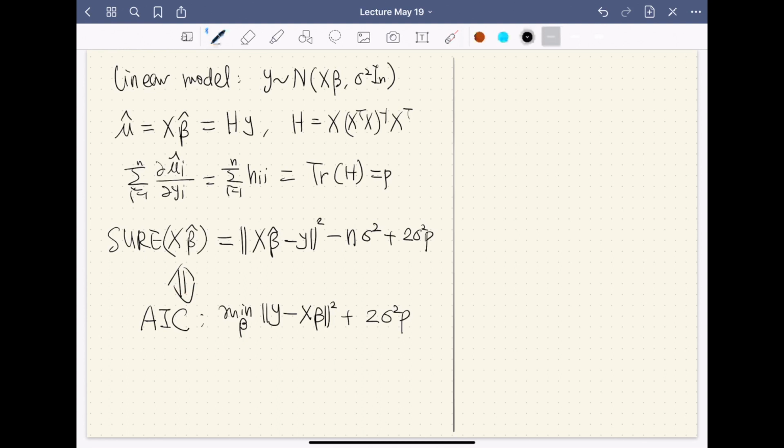Now, the reason this is called AIC is because people believe A stands for Akaike. This is the Japanese statistician who first derived the formula of AIC and the corresponding model selection formula. However, according to Akaike himself, he told other people the reason that he called this method AIC is not because this is the Akaike information criterion.